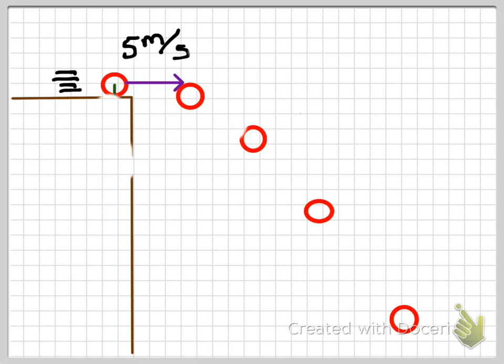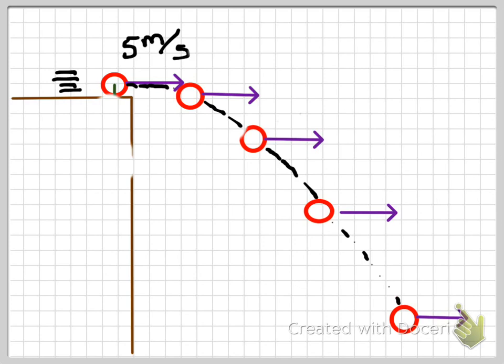All right, so if we draw in our vectors here horizontally, we're going to draw them at about the same length, so about 3.5 here, because the horizontal velocity doesn't change. So the entire time of this projectile's flight, it's moving with the same horizontal speed.